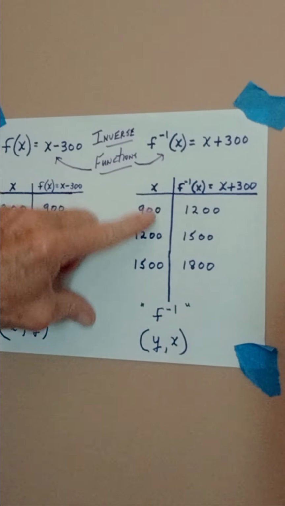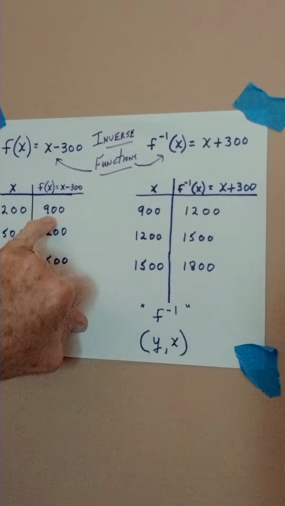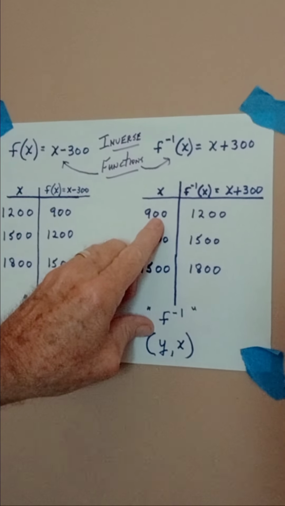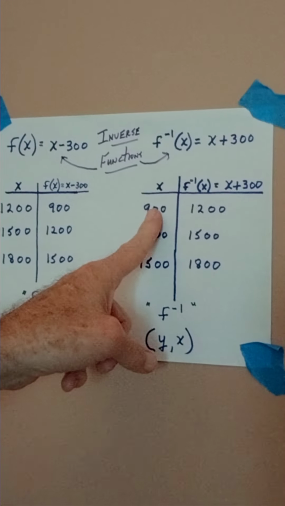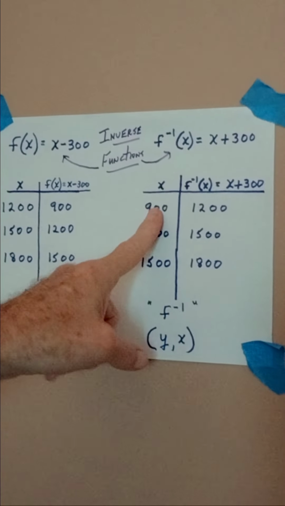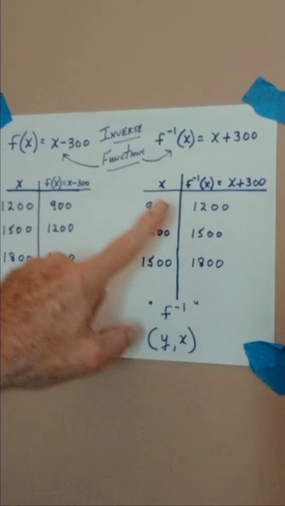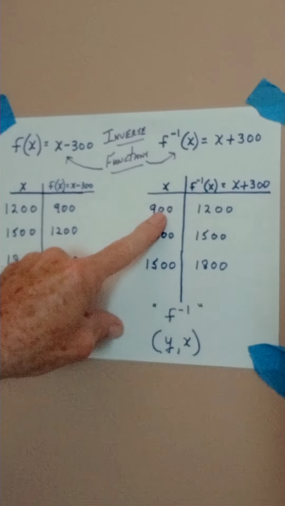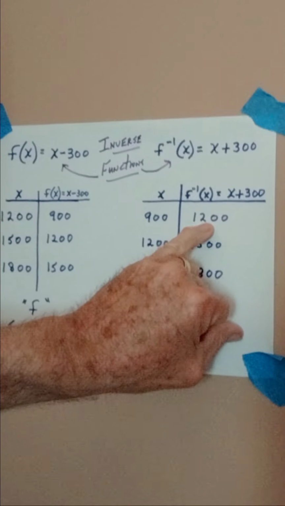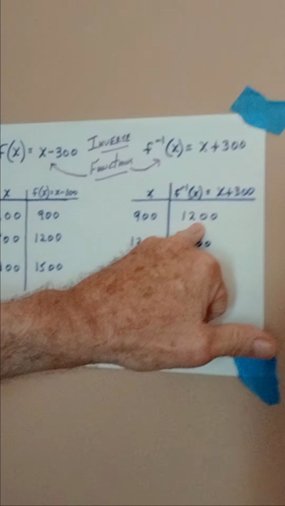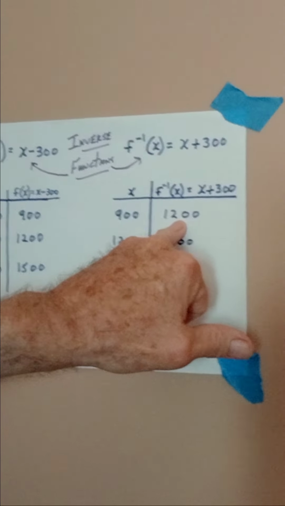We begin where we had left off here. The amount of x is 900 in this operation, and now the undoing is going to take place because we're going to take that 900 and add 300 to it, and notice what we're back to. We're back to the original amount that we started off with.